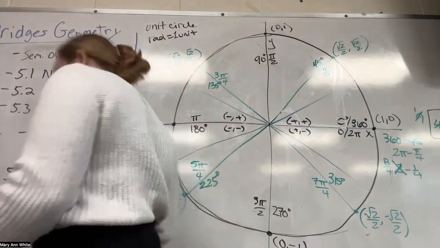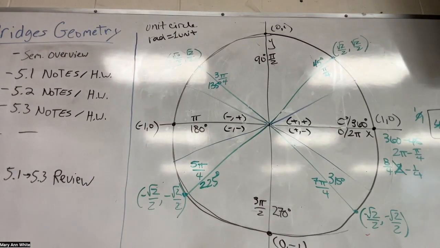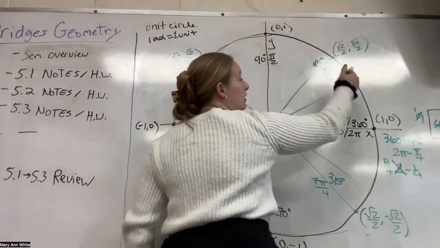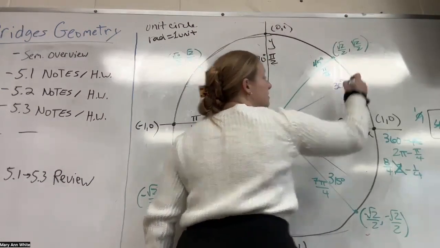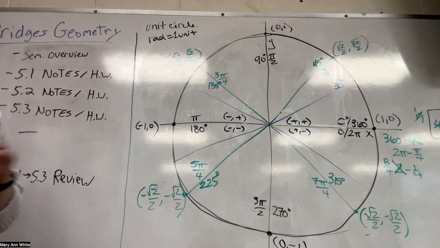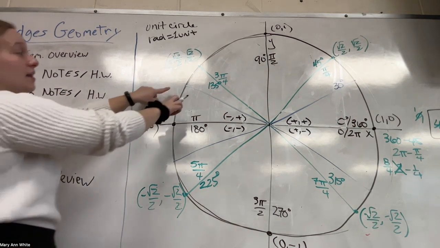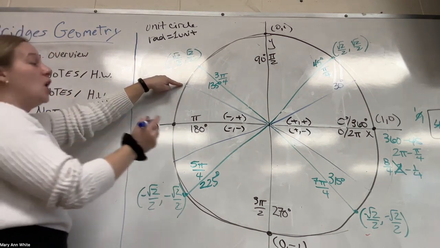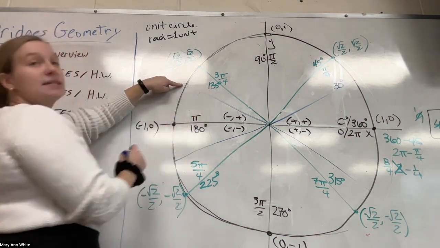Where'd my blue marker go? So this first blue line, it's between 0 and 45. It's going to be 30 degrees. Okay. Now, same math that we just did a minute ago. To get the blue line in the second quadrant, we're going to do 180 minus 30.